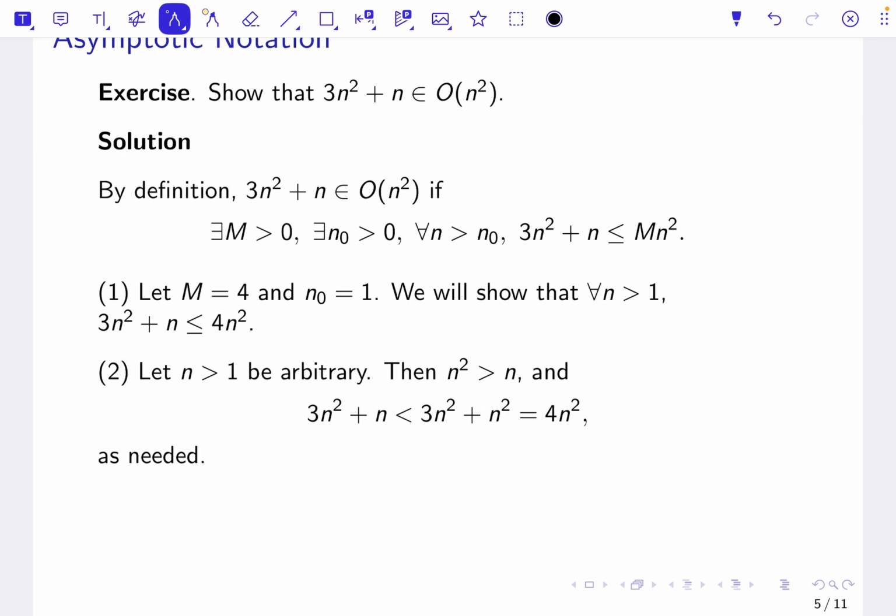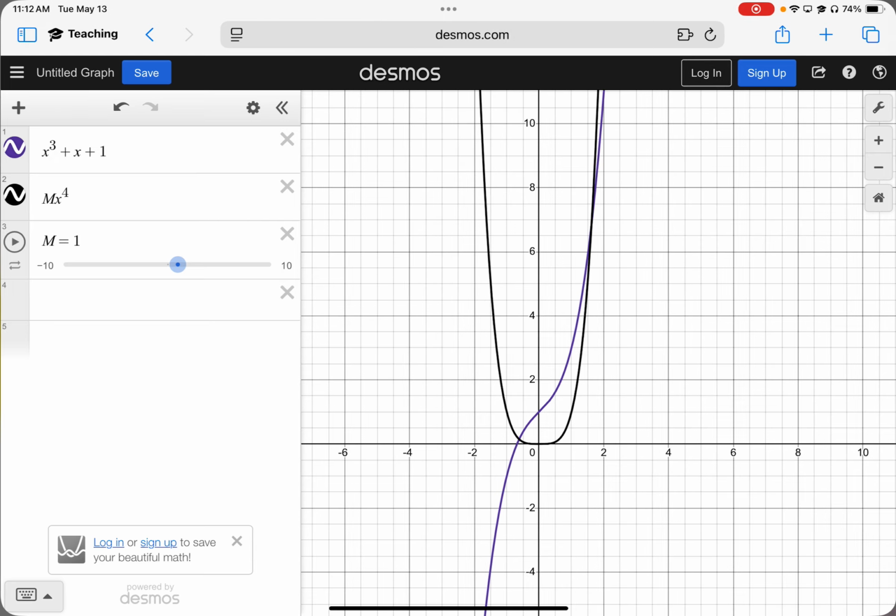All right. We're going to show that 3n squared plus n is in big O of n squared. I'm going to do the graphing calculator first, mix things up.